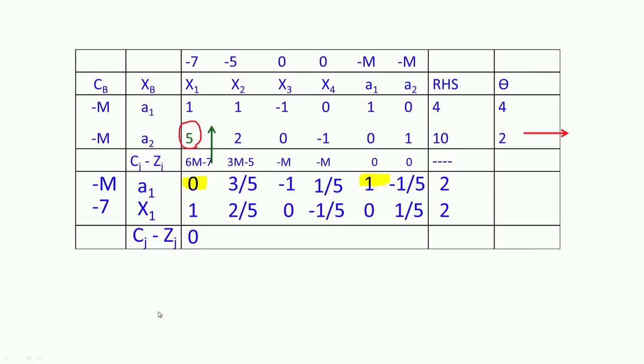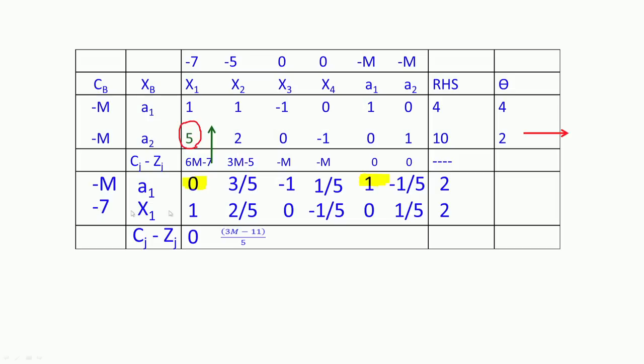The basic variable will always get a value 0. Second one we have to write carefully. Minus m into 3 by 5 minus 3m by 5 minus 14 by 5. So minus 5 plus 3m by 5 plus 14 by 5, which on simplification will give us 3m minus 11 by 5.